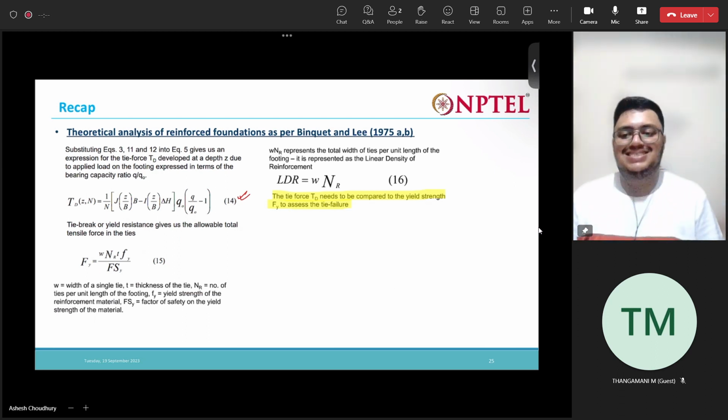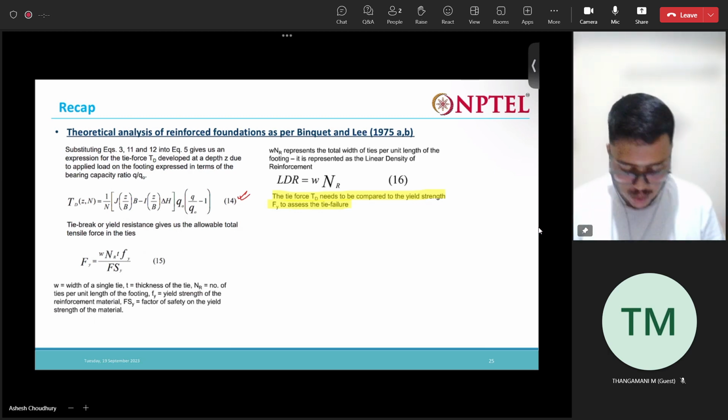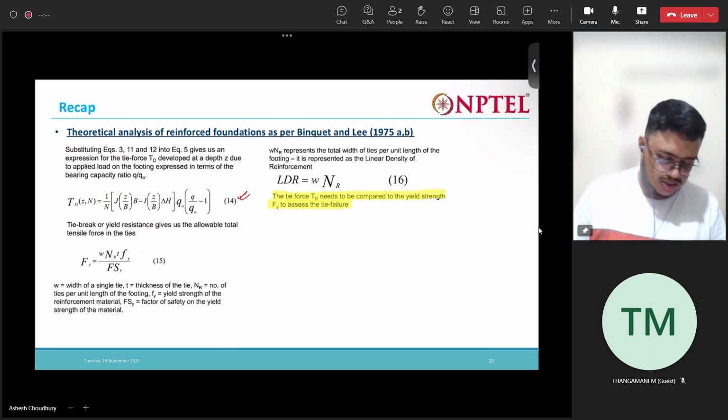Now the yield resistance is given by Fy. This yield resistance is given by Fy equal to W N R T Fy by FSY, where W is the width of a single tie, T is the thickness of the tie, and NR is the number of ties per unit length of the footing. Fy is the yield strength, FSY is the factor of safety on it.